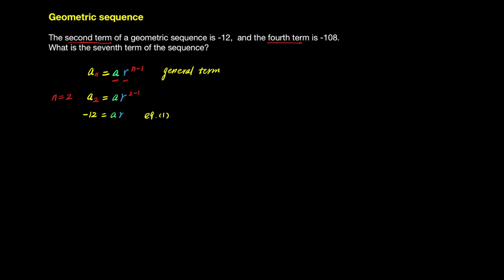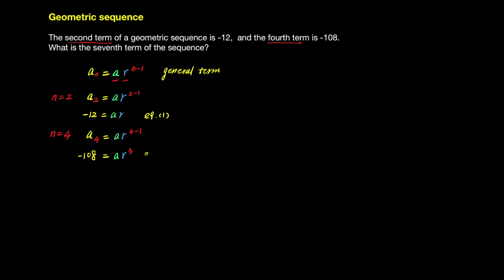Then let's try to set up our second equation using the fourth term. For the fourth term, we know that n equals 4. Then we can write the term as a4 equals a r to the power of 4 minus 1. We know a4 equals minus 108 equals a r to the power of 3.